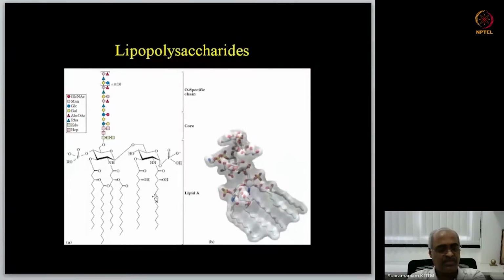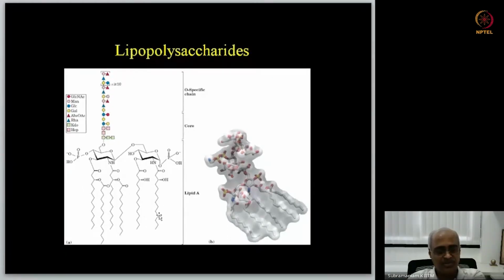If you count, there are 6 of them attached to 2 N-acetyl glucosamines, and one of them has a long chain of polysaccharides. And this is where the name polysaccharide comes from, and this is the lipopolysaccharide.